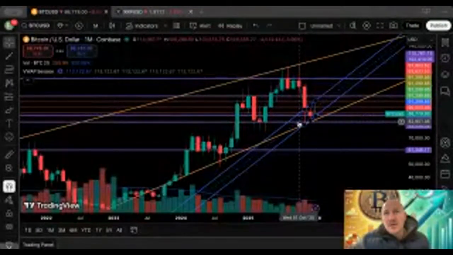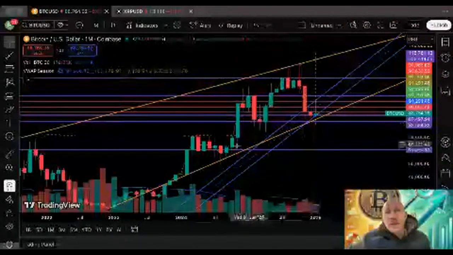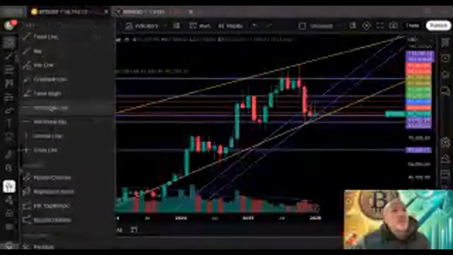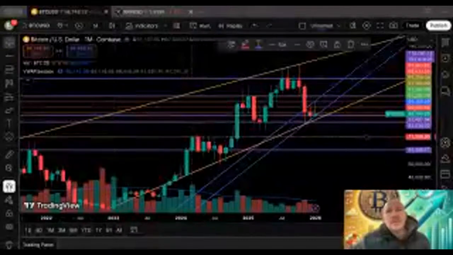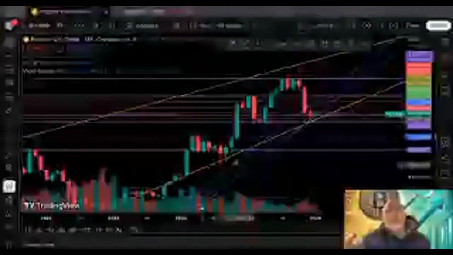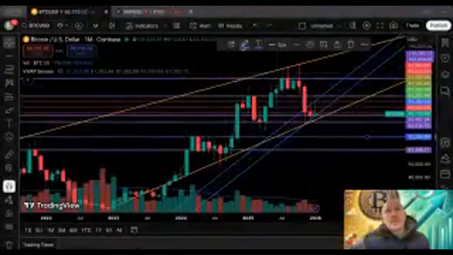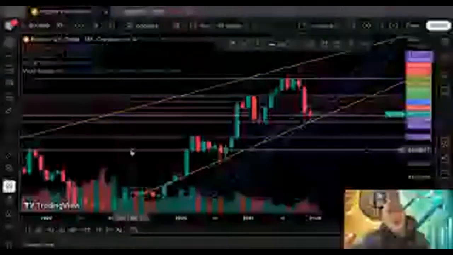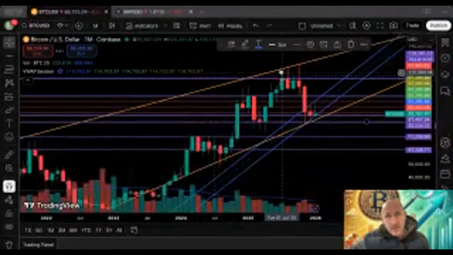If this purple line doesn't hold here, that's where it'll go to first. I don't know why I made those so thick either.